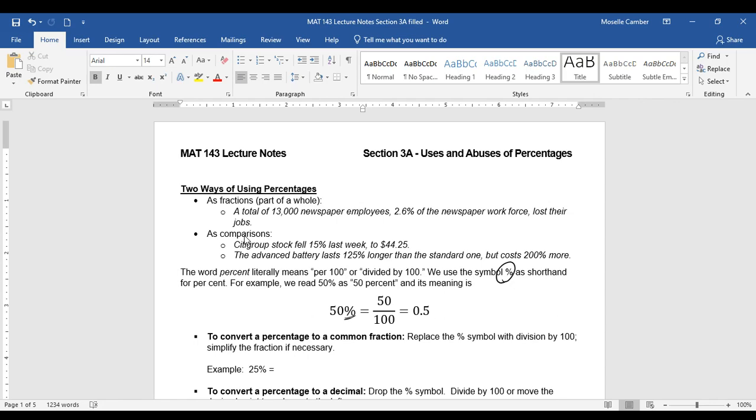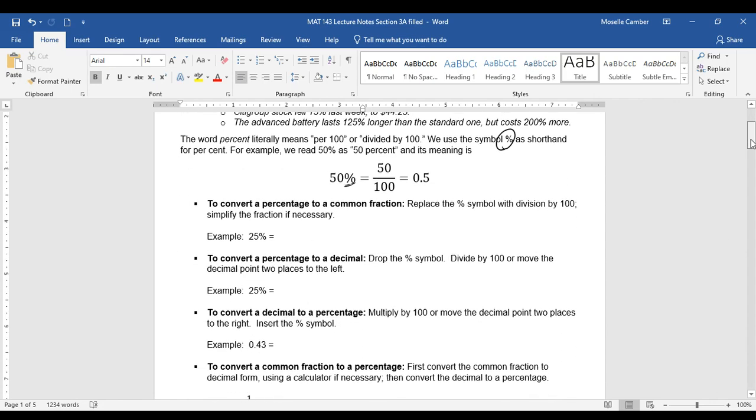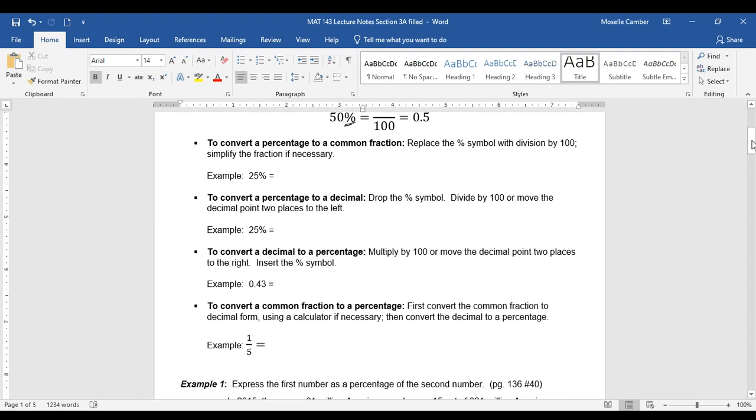So if you're going to convert percents to fractions, all you have to do is replace the percent symbol with division by 100 and then simplify. So 25% would mean 25 divided by 100.